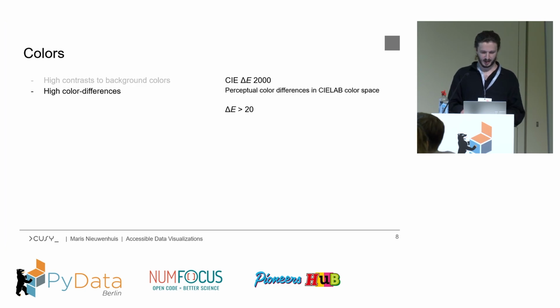The formula for that is in CIE LAB color space, which is a much larger color space than the web color space sRGB. But still, we aim to comply with the transformation from LAB to sRGB. We wanted to have a delta E of at least 20.